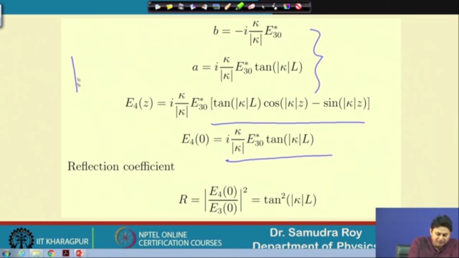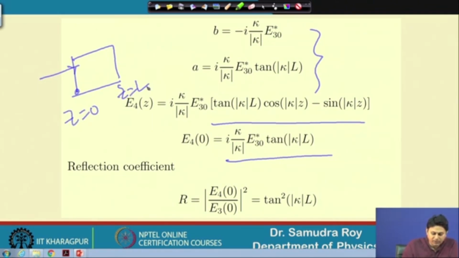That means, if this is the system, we know what is here at the z equal to 0 point and the z equal to L point. At z equal to L this quantity is 0. So, that means something is reflected like this here.